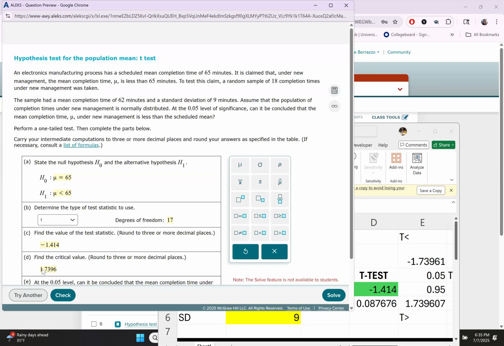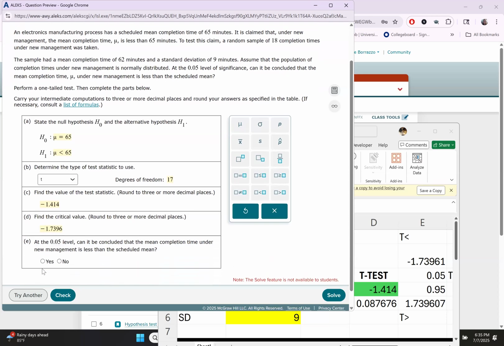Oh, so hold on. Is it just the higher number, the positive of the? Well, in this case, it's going to be the negative, isn't it? We're about to make the same mistake as last time. So it's going to be negative 1.7396 technically.